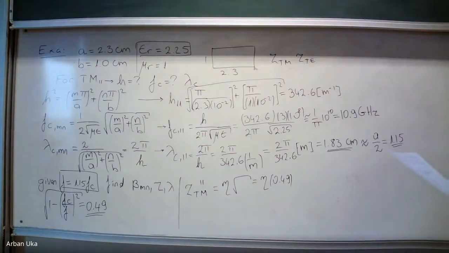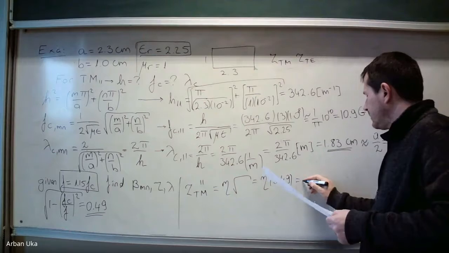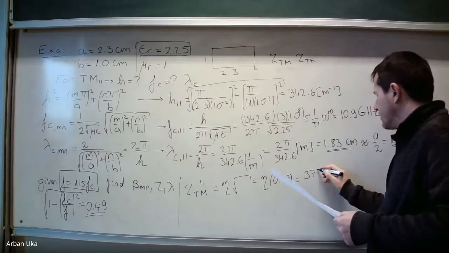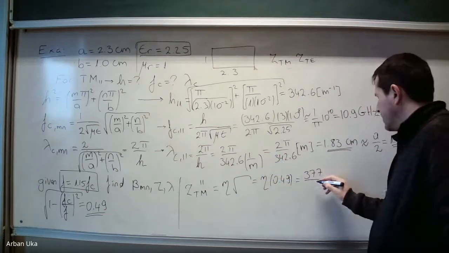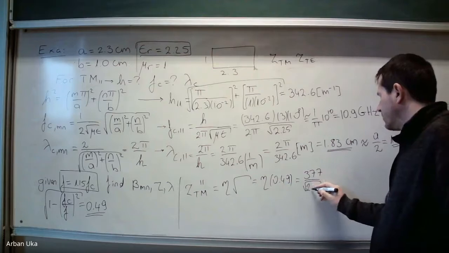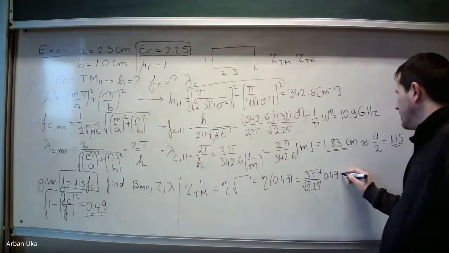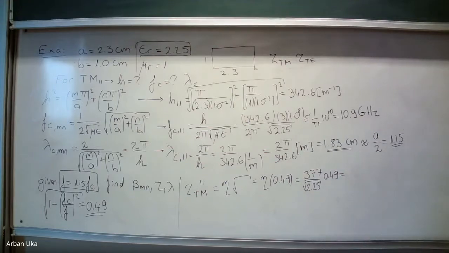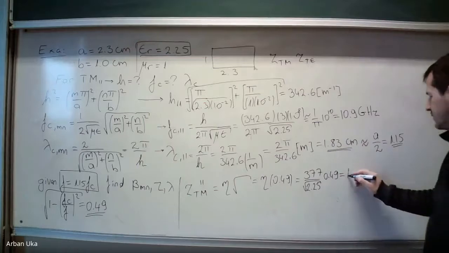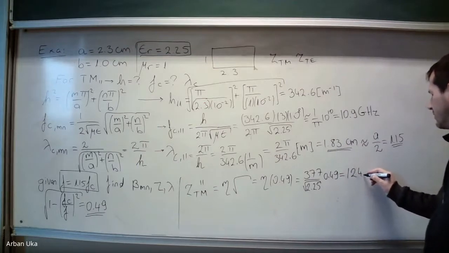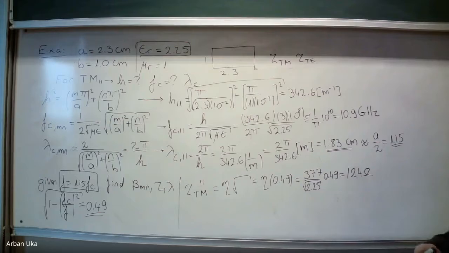This is 377 divided by the square root of 2.25, times 0.49, which is equal to 124 ohm. It has dropped.